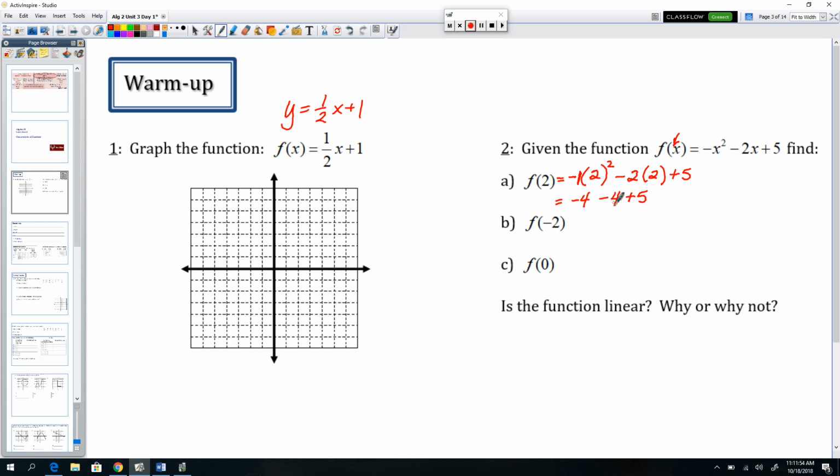So -4 minus 4 is -8, plus 5 is -3. So the output, when we input 2 into the f function, is -3. I would encourage you to try to input -2 for x, input 0 for x, and find out what the f machine pumps out as an output, and go ahead and check that against the key.